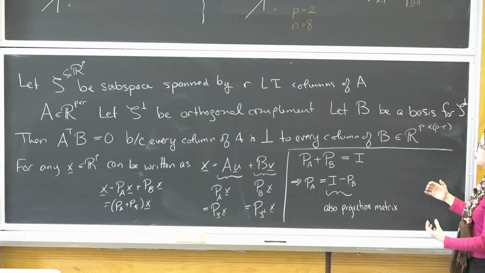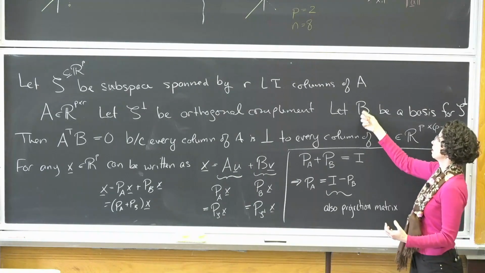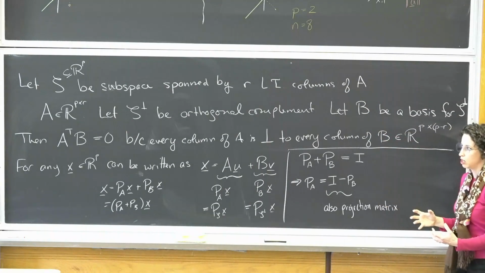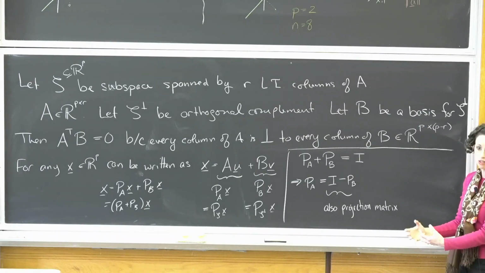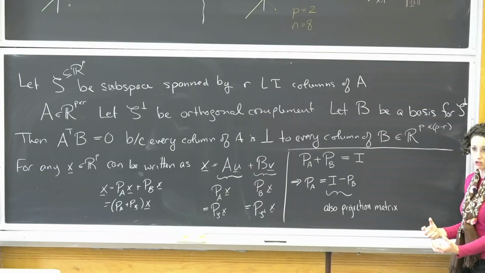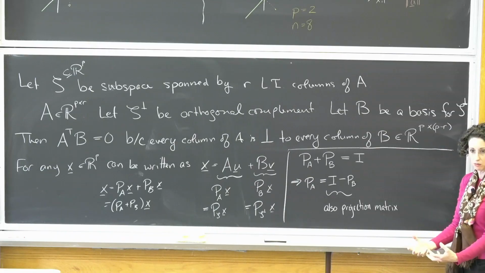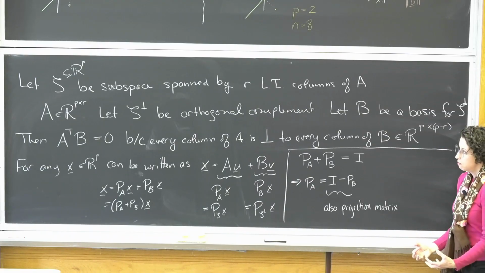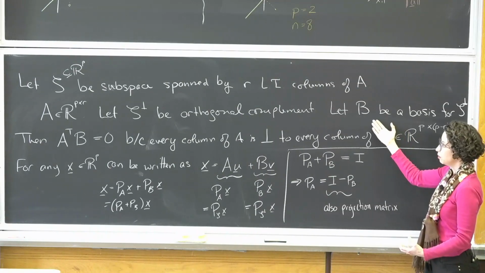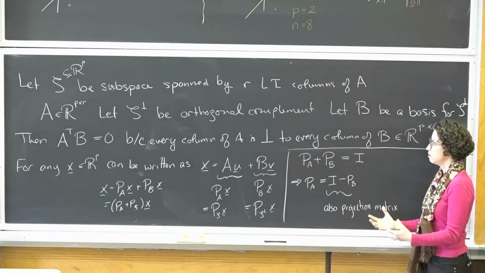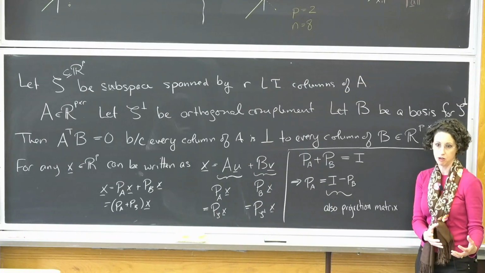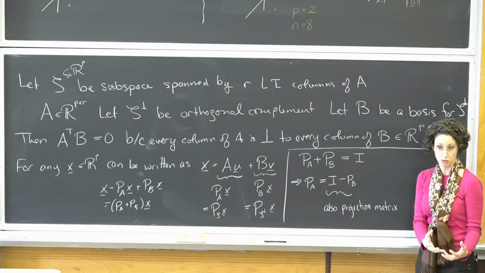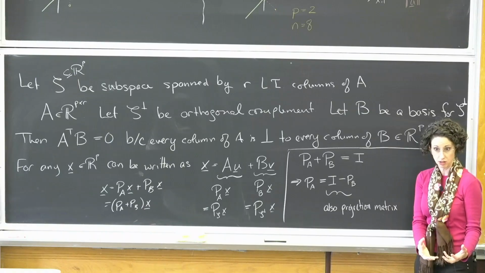When we talk about orthogonal bases, like with A and B, we're just talking about how we are representing the subspace. We're using the matrices A and B to communicate what subspace we're talking about. But the orthogonal complement is a geometric notion that exists independent of the way we choose to describe the bases for those subspaces.